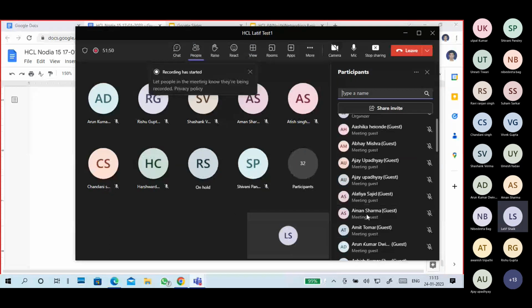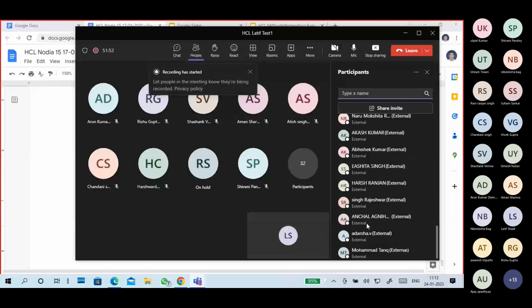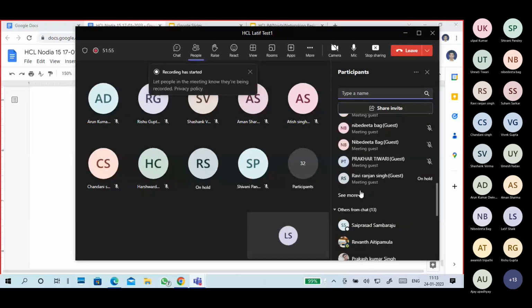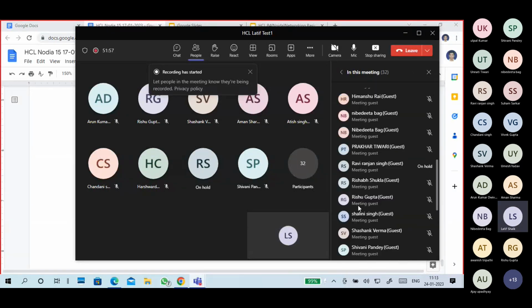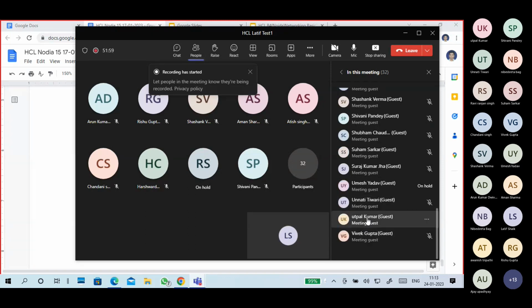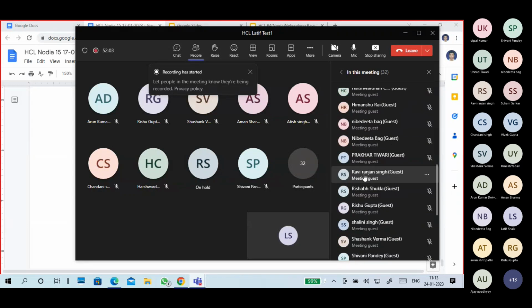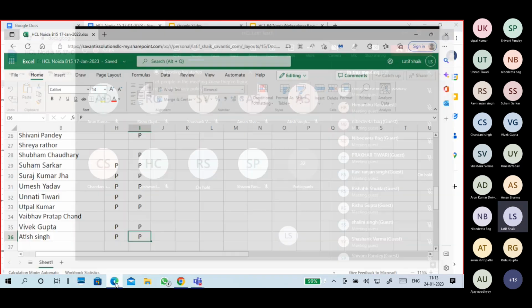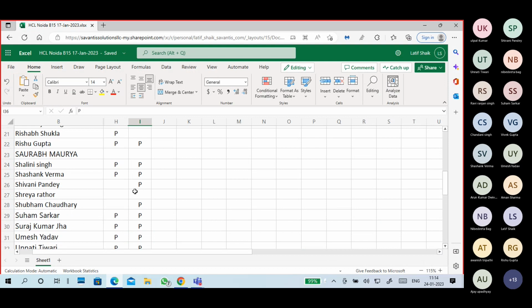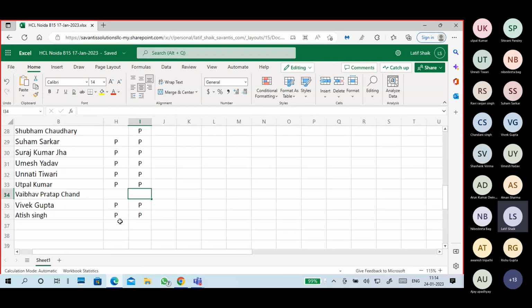One more person also came. Rishabh Shukla. Regular people are also not coming, that's the bad thing.